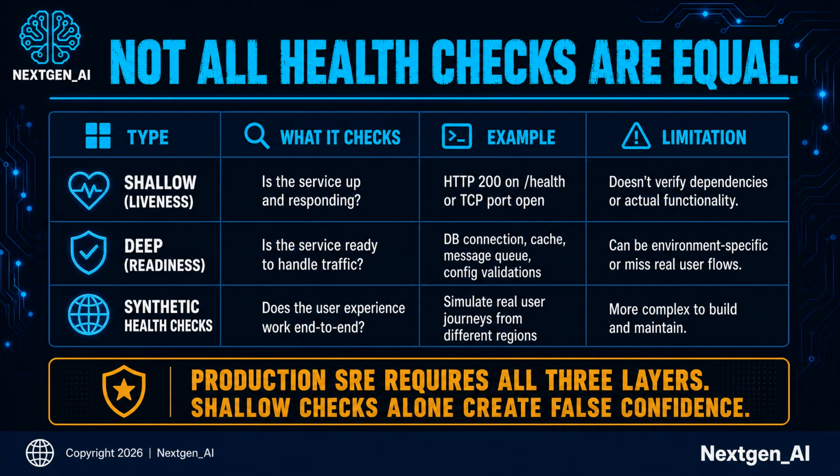A health check is a script that periodically pings your application's public endpoints, verifying that the service is reachable, that the TLS certificates are valid, and that the endpoint returns the expected HTTP 200 OK status code within a defined latency threshold. These checks are critical because your internal metrics might look perfectly healthy, even if a misconfigured load balancer or a DNS failure is preventing users from accessing the site.